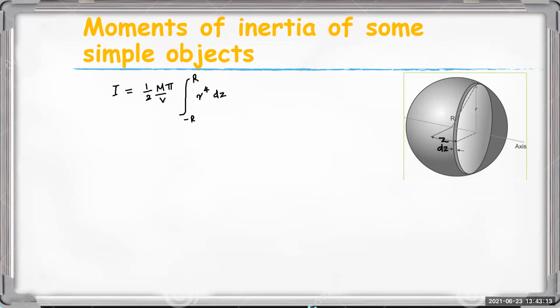Capital R is the radius of the sphere, small r is the radius of the disk, and z is the height, the distance to the disk. Then capital R square must be equal to small r square plus z square.